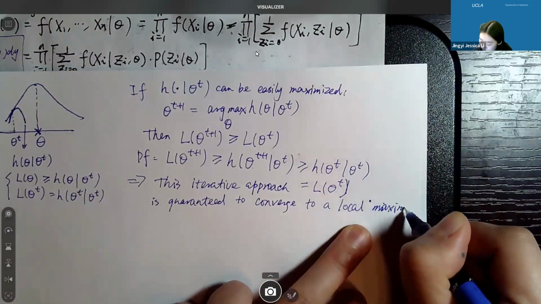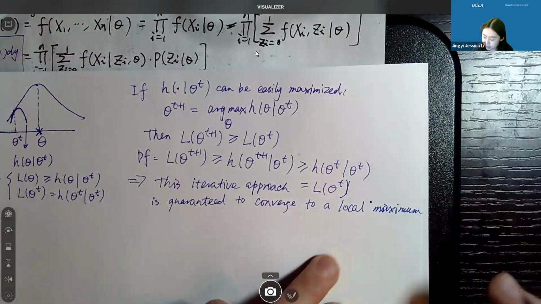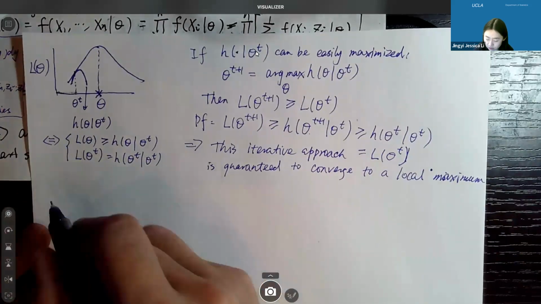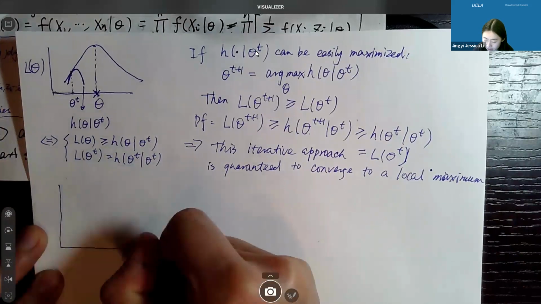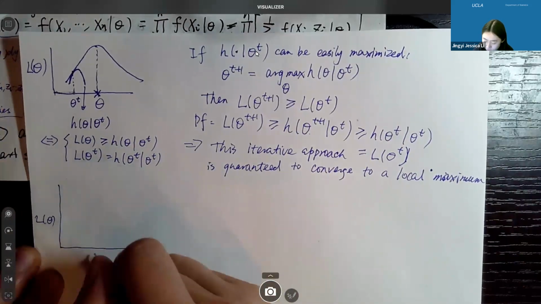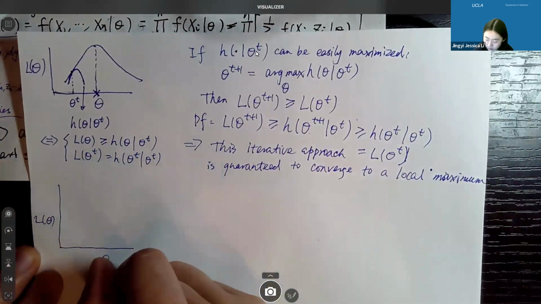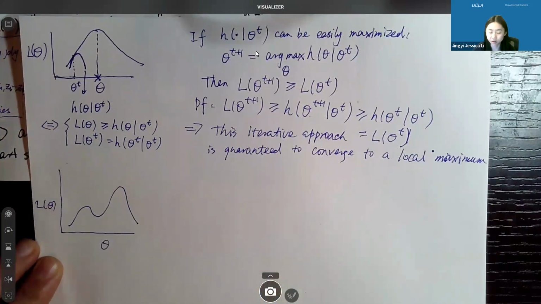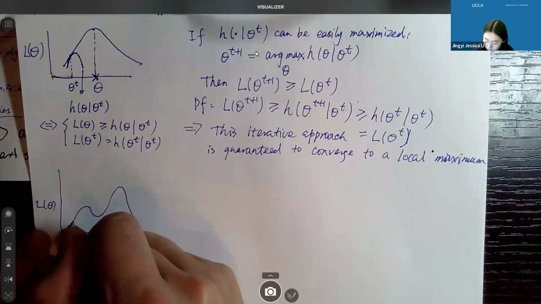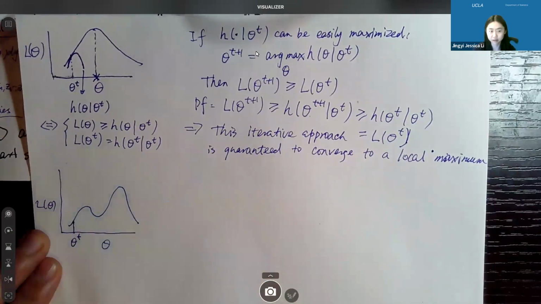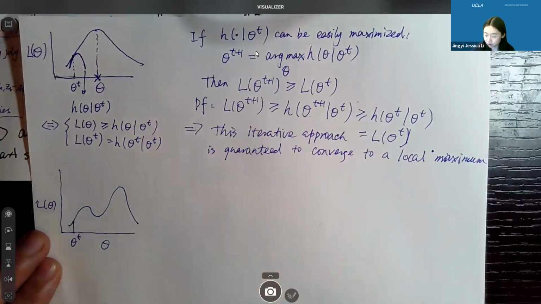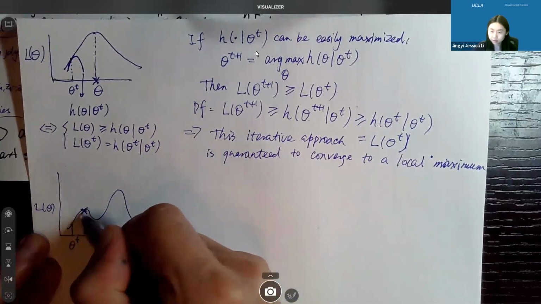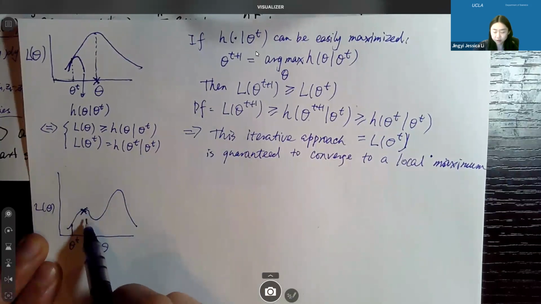So you see why we say this is a local maximum instead of a global maximum? The reason is this. If your L theta has more than one local maximum like this, and if this is the L, and if you start from theta t here, then the best you can do using this approach is that you will reach here. But once you reach here, you will never go down.